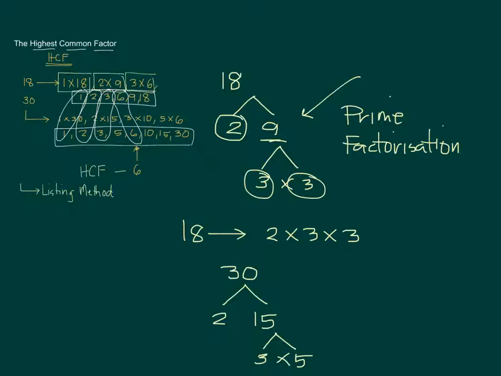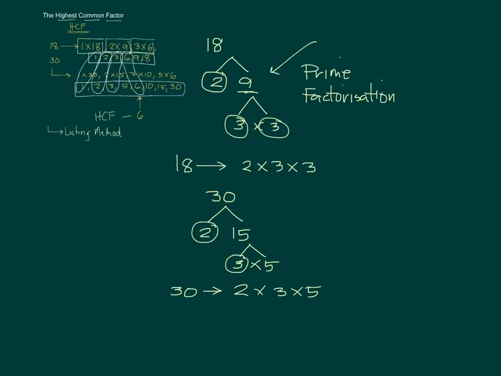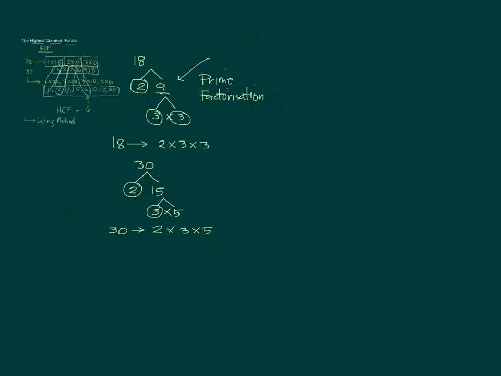So 30 can be expressed as 2 times 3 times 5. Now once you have the numbers written into their prime factors, all you have to do is to list them down in a special manner.